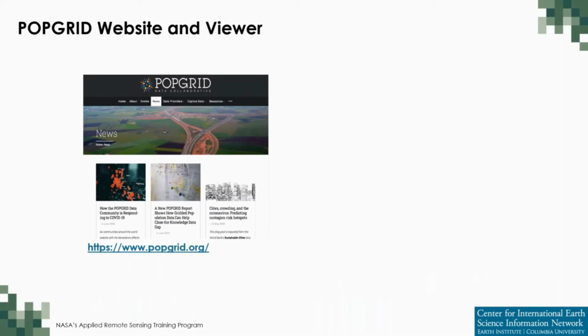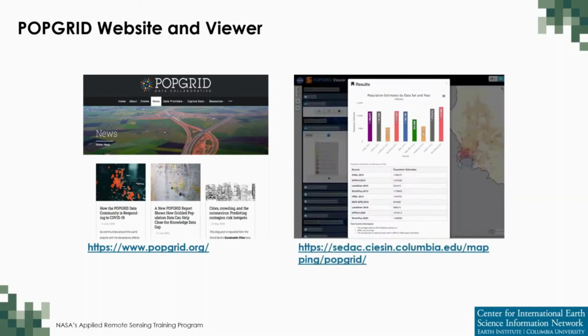So I think you've already heard a little bit about this, so I'm not going to go back into it, but because of this proliferation of different data sets, a few years ago, we decided to develop the POPGRID Data Collaborative, and one of the outputs is this website, which pulls together documentation in a much more consistent and accessible form for all sorts of different global gridded population data.